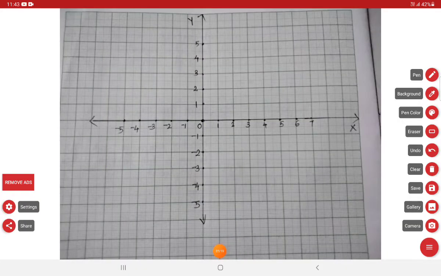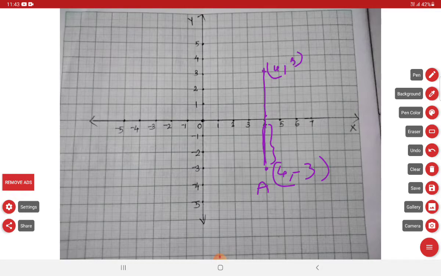Now if you consider a point in the fourth quadrant, let us take the point (4, -3). Its mirror image about the x-axis is 3 units above, so from here also 3 units, that is the point (4, 3).